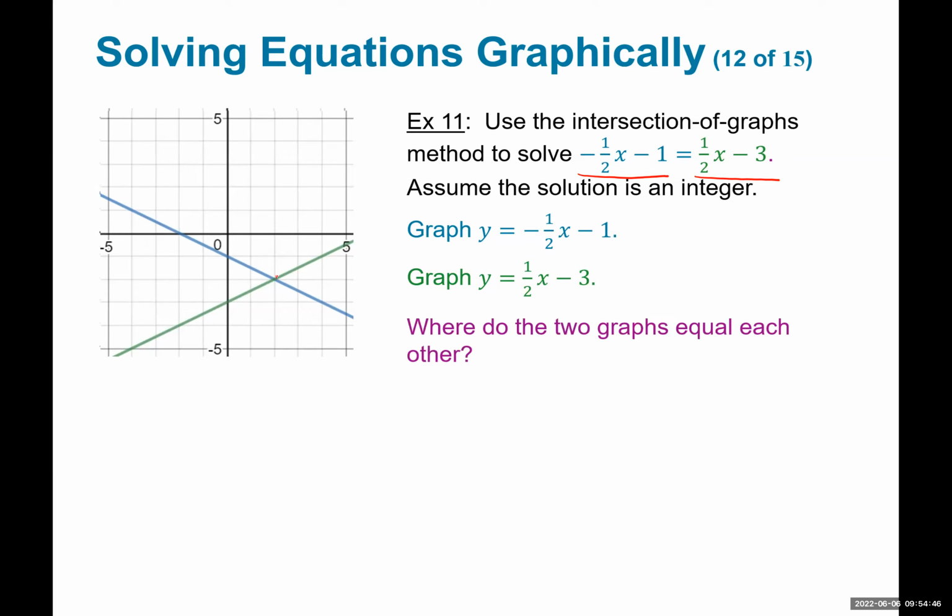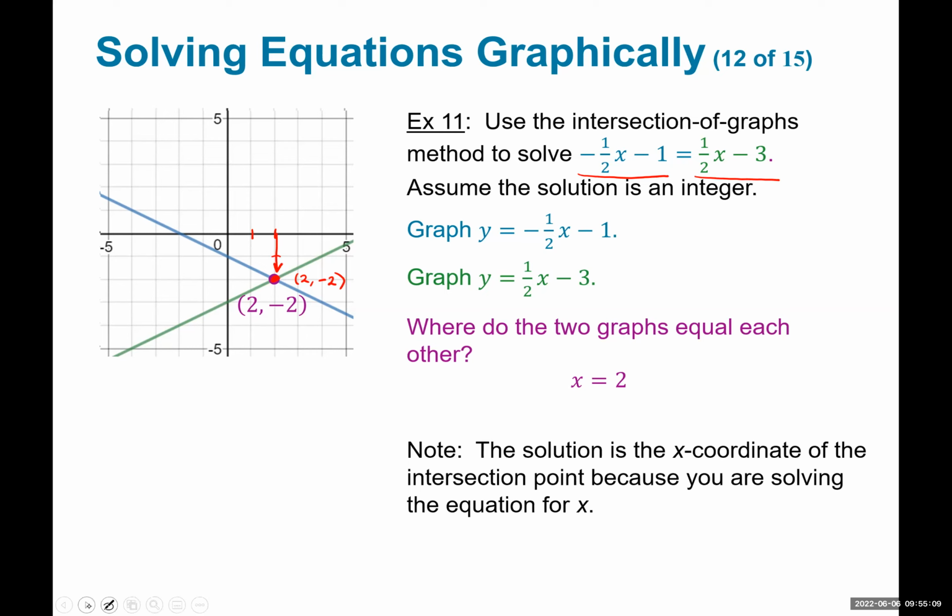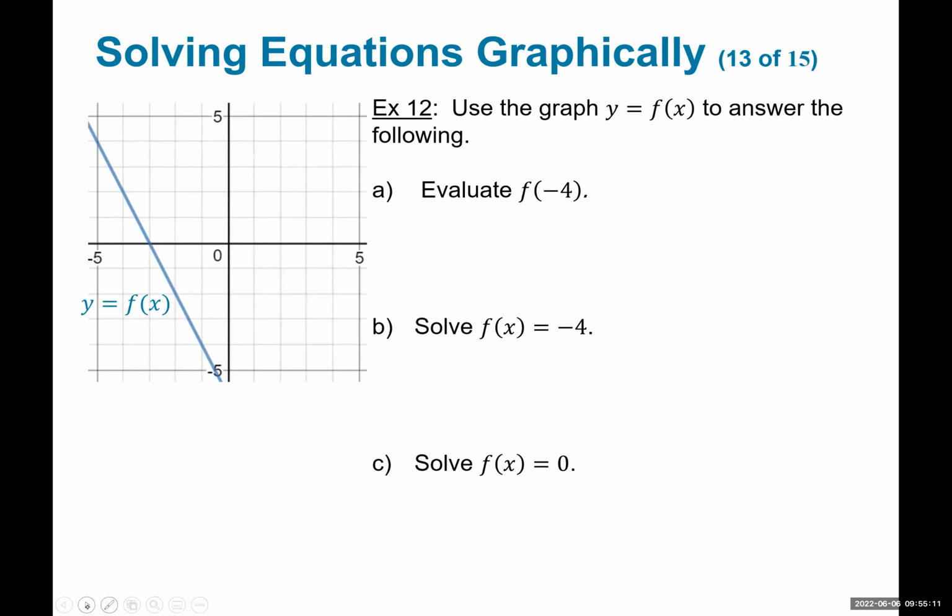They intersect right here at negative 2. And that's where the graphs are equal to each other. So that is the value at which they have a common solution. That's what x equals right there, so that would be our solution.